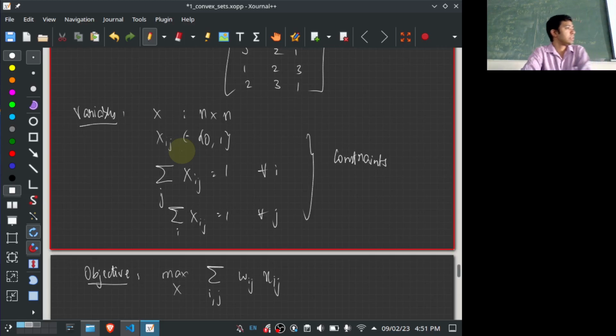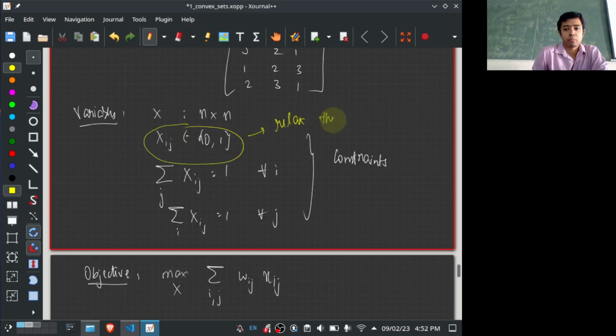I can relax the problem and then hope that I'm going to get the same solution as though I did not constrain this to be in {0, 1}. This is a relaxation that I'm choosing to make.